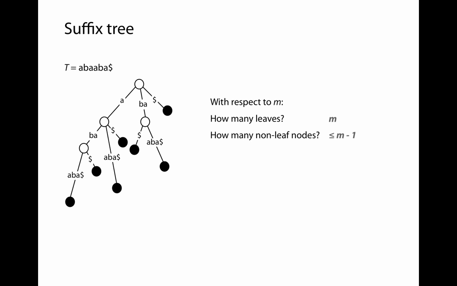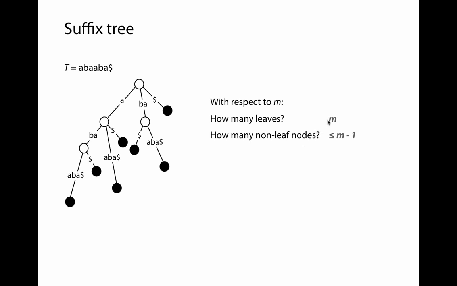For the kind of tree that we just built, all of the internal nodes, all of the non-leaf nodes, have at least 2 children, which means that the number of non-leaf nodes is at most m-1. That is at most the number of non-leaf nodes we would have if this were a binary tree.